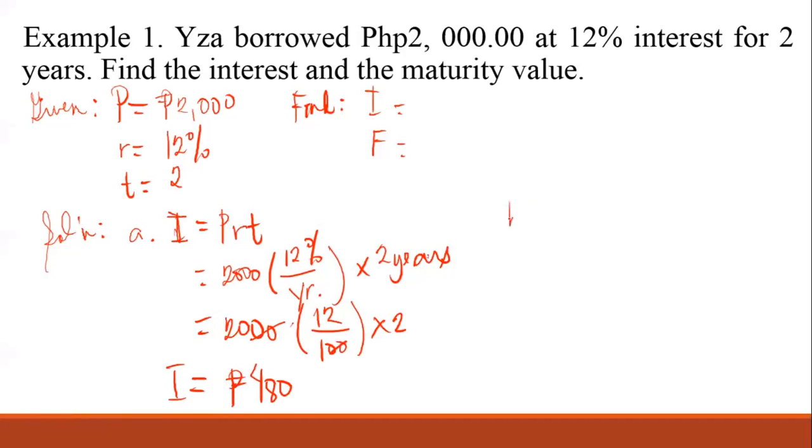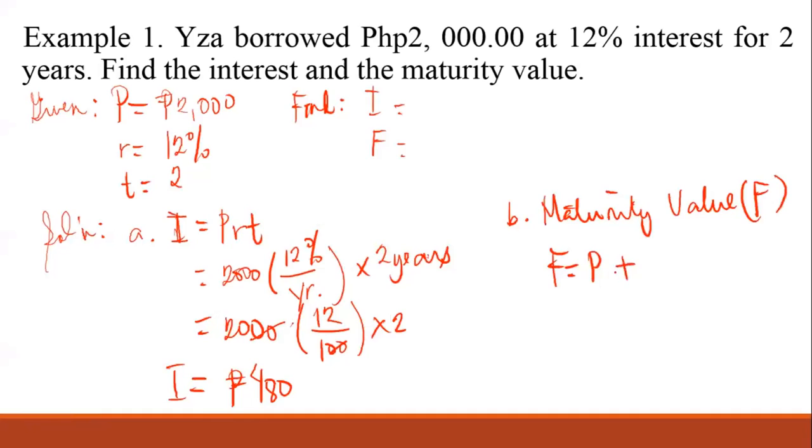And then, find the maturity value. So, ano ulit yung maturity value natin? The maturity value is denoted as big letter F, and the formula in finding the maturity value is P plus I. F equals P plus I. So, substitute the values.